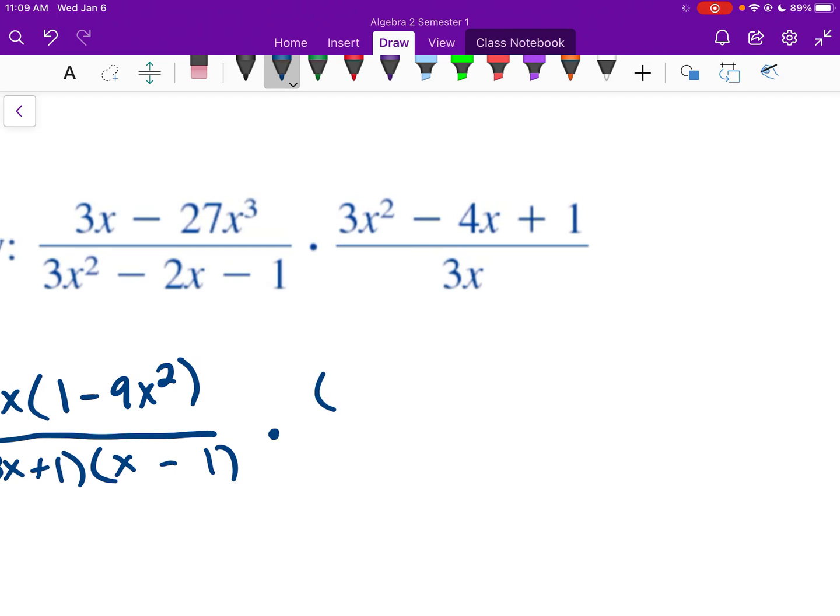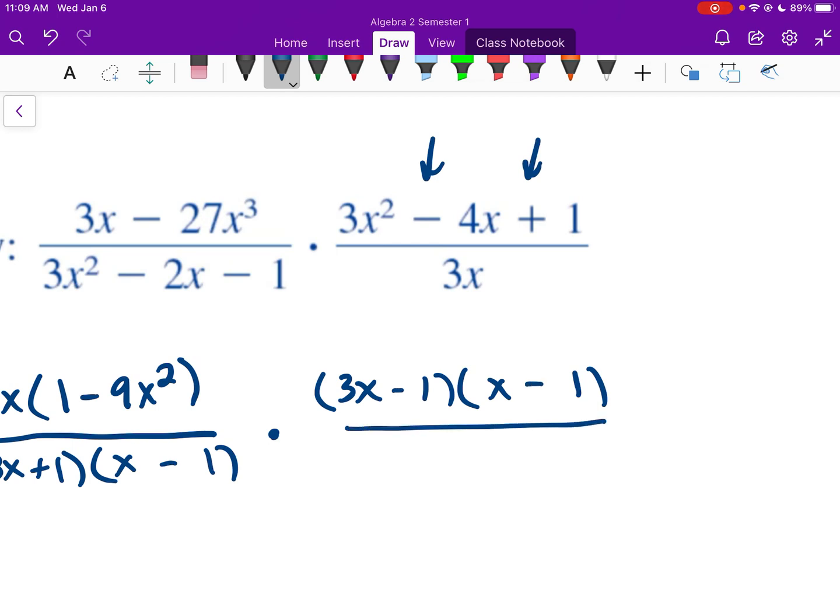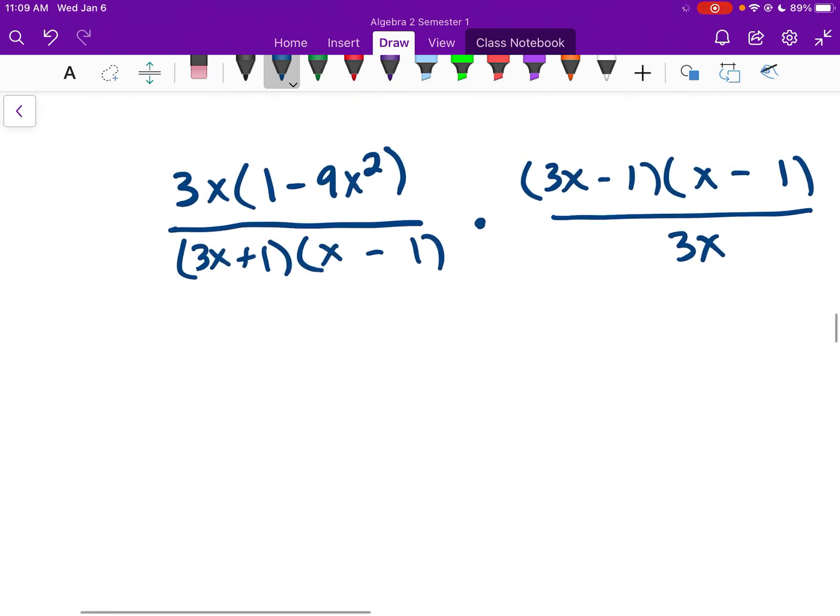So when I factor that, it has to be 3x and x again. Has to be 1 and 1. Now, since I have a negative here and a positive here, both signs will be negative. And then nothing to factor there. Now, we still need to factor this, because this is a difference of squares again.